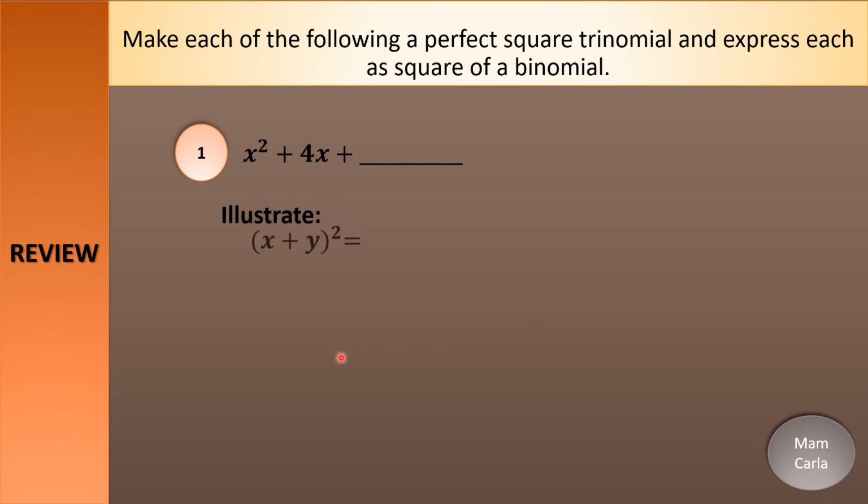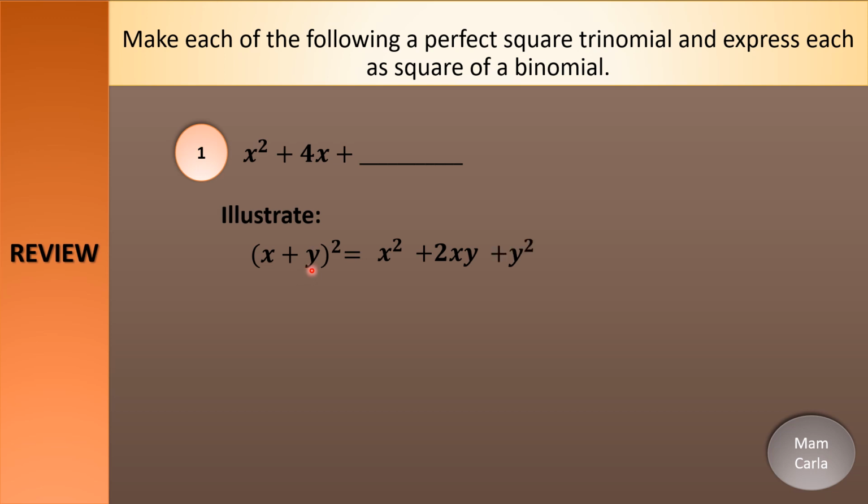Given this binomial, quantity x plus y squared, how do we transform this into a perfect square trinomial? So we have to square the first term first, which is x squared, and then twice the product of the first and the second term, and that is 2xy. And then for the last term, we need to square the second term, or the square of y is y squared.